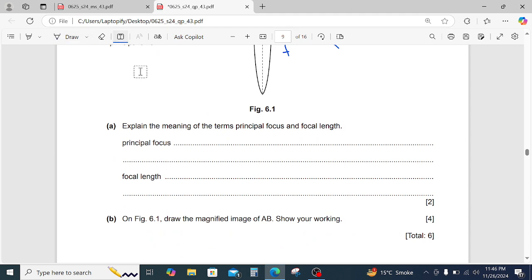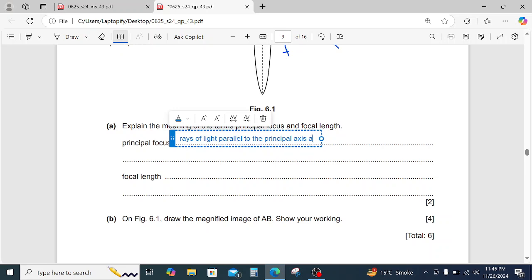So right here, a ray of light parallel to the principal axis after collision with the lens passes through the principal focus.